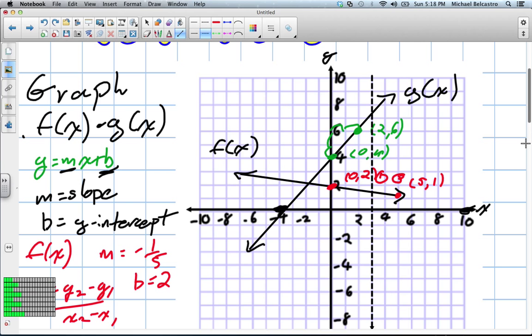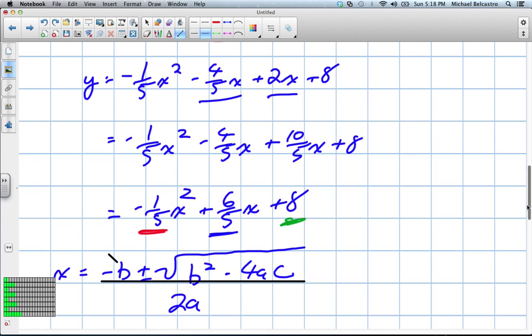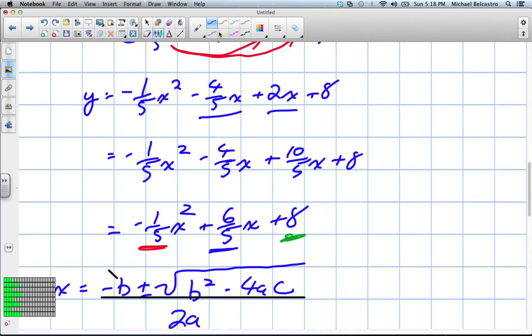To find the y value of the vertex, we take that value 3 and plug it into our equation. If you remember, our equation in the end was this. So we take our 3, because we know that's the x value of the vertex.